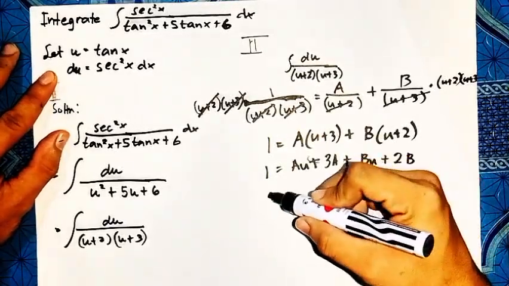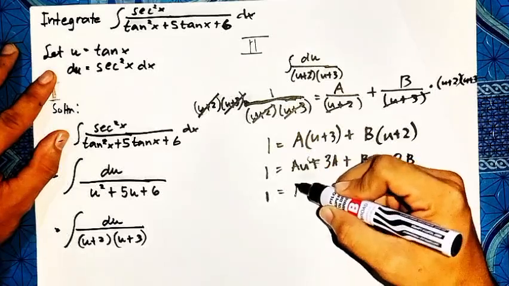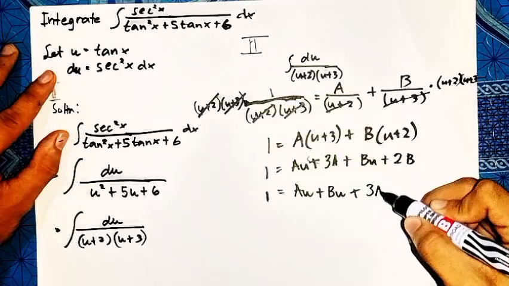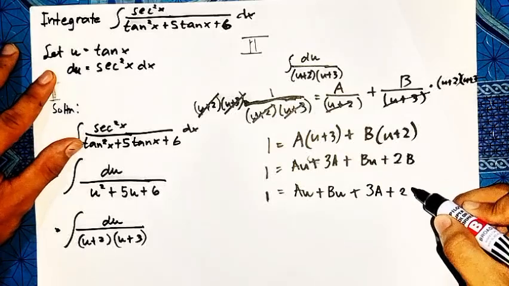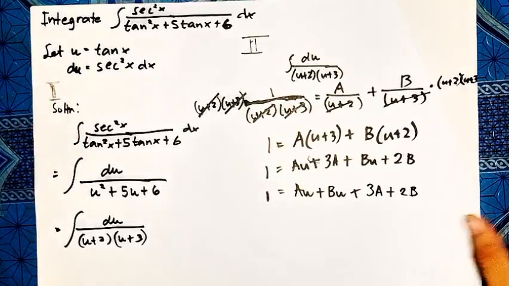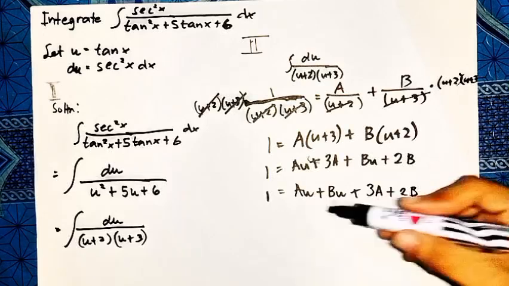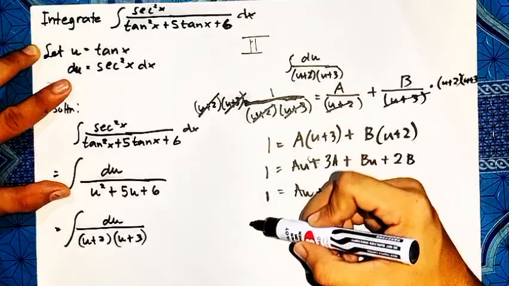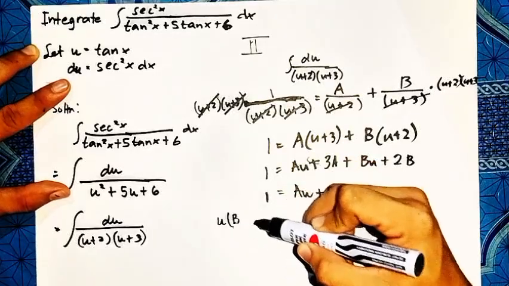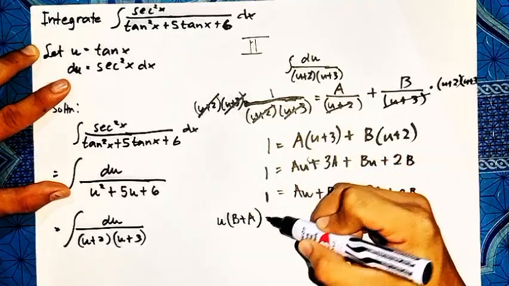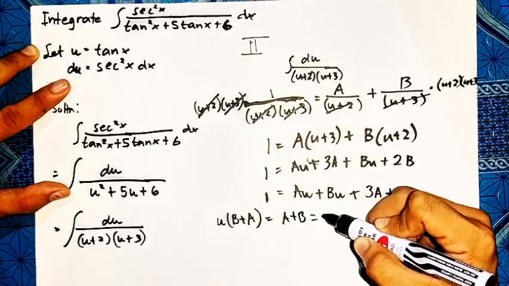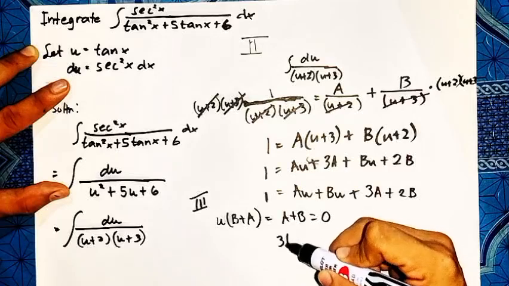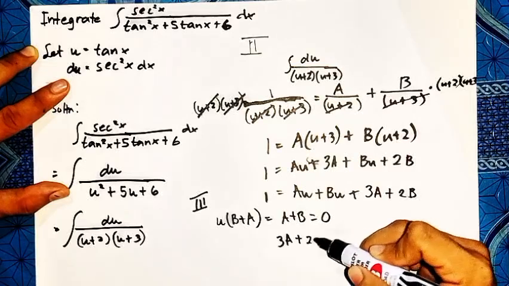So 1 is equal to Au plus Bu plus 3A plus 2B. Now, let's find the value of A and B. Au plus Bu is equivalent to u times (A plus B), so A plus B is equal to 0, right? And 3A plus 2B is equal to 1.